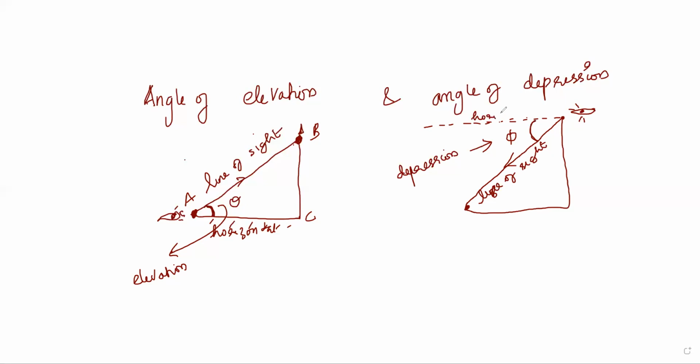This is horizontal. This is line of sight. The angle between them is depression. So angle of elevation is when you look up. Angle of depression is when you look down. Okay. So please note that down.